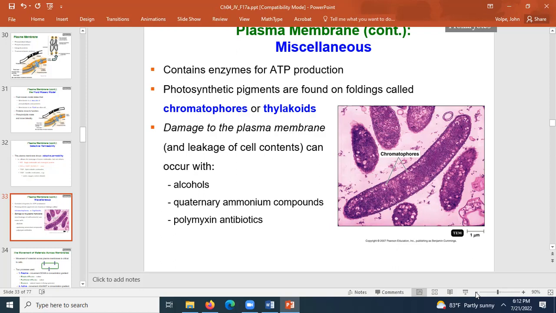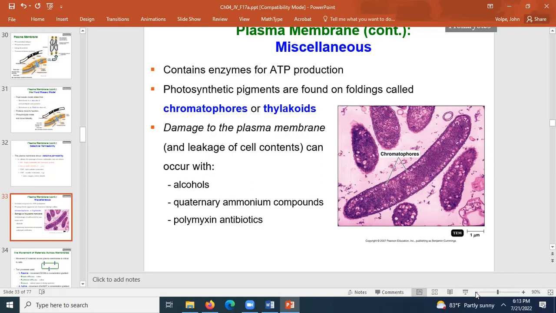I think we talked about that. Or are we going to talk about it? I don't remember. If we haven't talked about it, in a future lesson we will. I think it is a future lesson for you guys. In bacteria, as well as archaebacteria, the plasma membrane has the enzymes for making ATP in aerobic respiration.